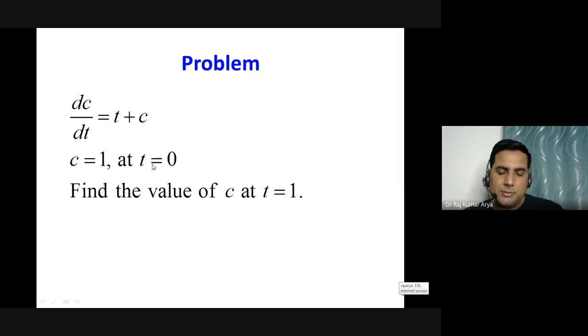You can use Euler's method first, take a step size, and let's see what comes. It depends what step size can give you a perfect answer. What would be the perfect answer? I have deliberately taken this equation because you can solve it analytically easily. So first solve it analytically.